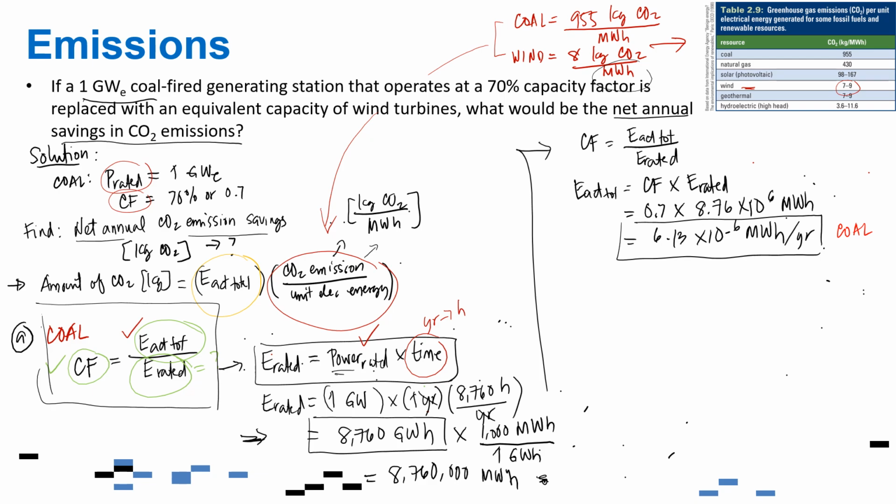So once we have that actual total energy, then we can calculate the amount of CO2 emissions. So the amount of CO2 emission is equal to 6.13 times 10 to the 6 megawatt hour per year times the emission of coal at the top, 955 kilograms per megawatt hour.